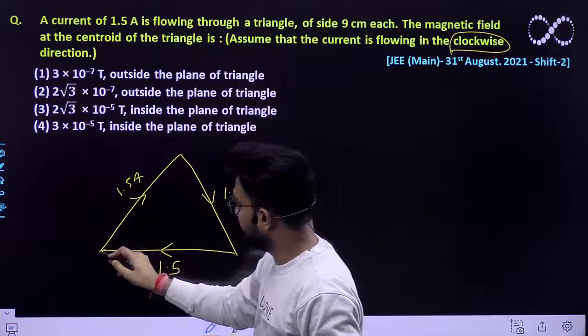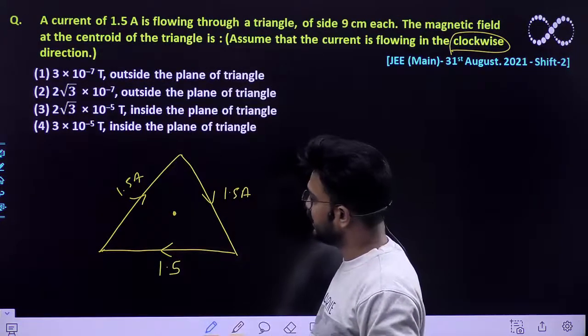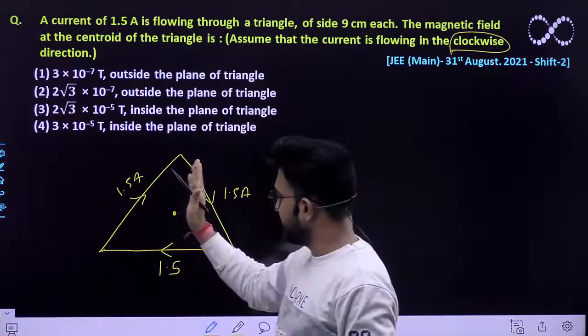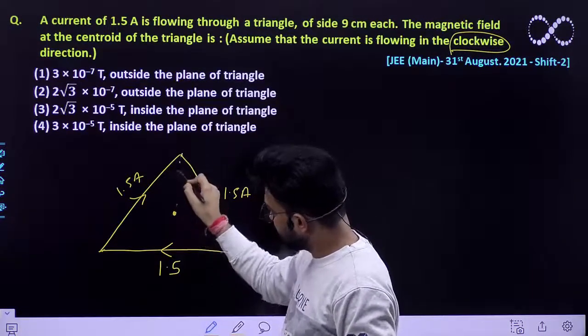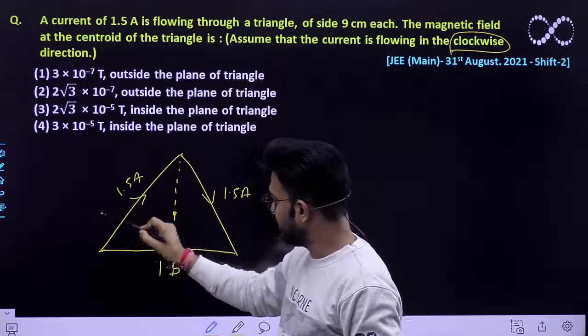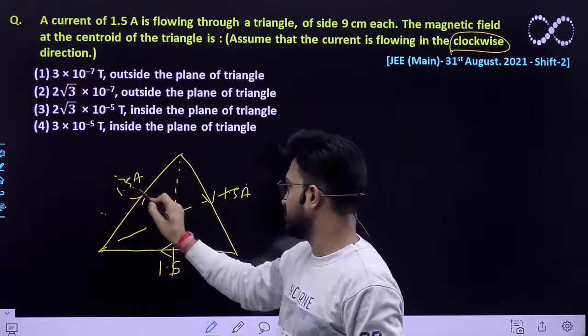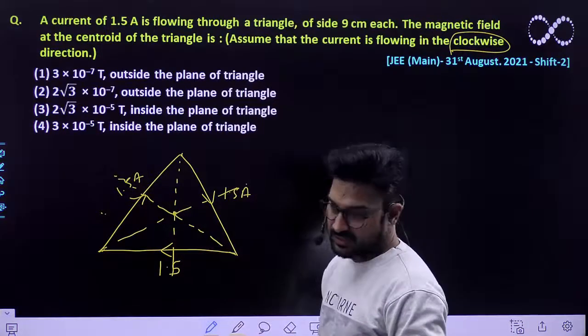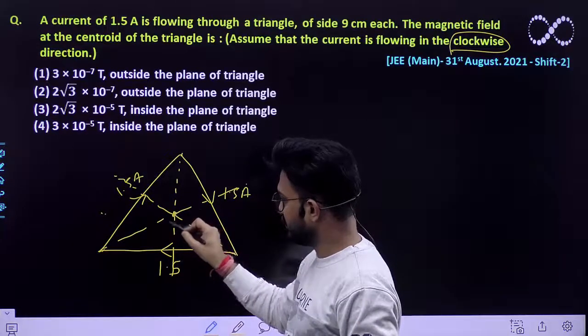You need to find out the magnetic field at the centroid. The centroid is nothing but the point where the median bisectors meet. So this is a median bisector, and you'll be getting the centroid over here.